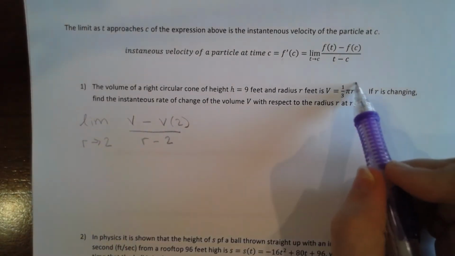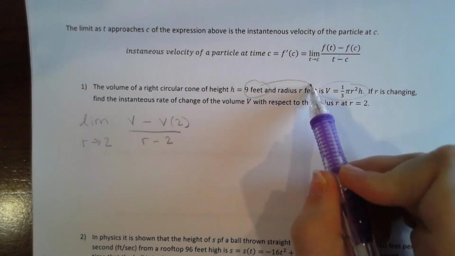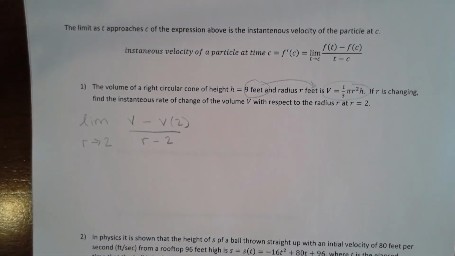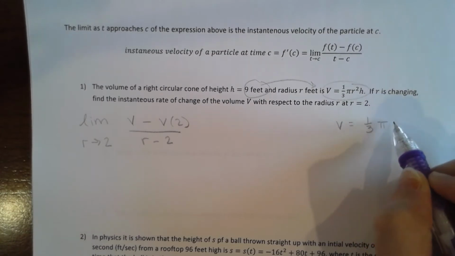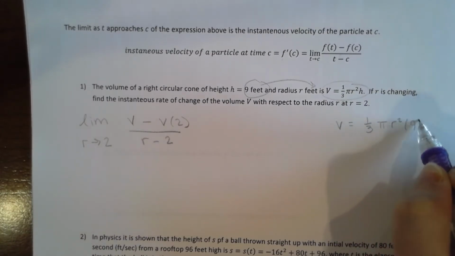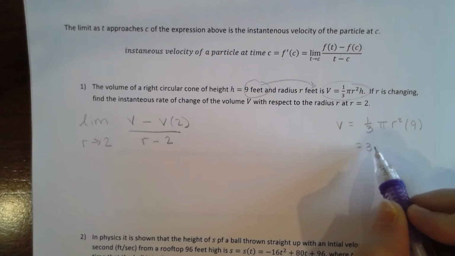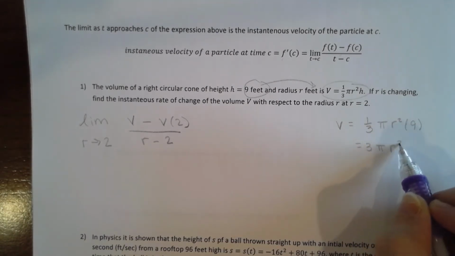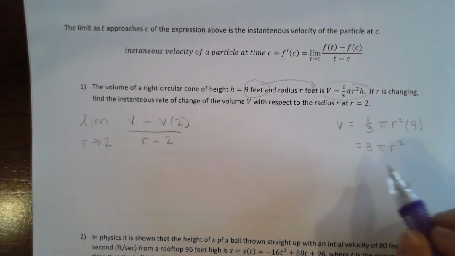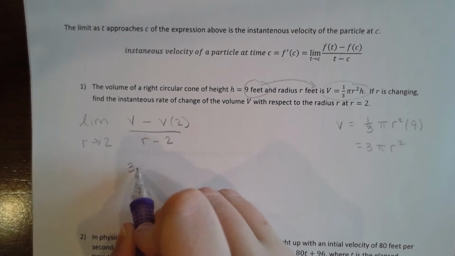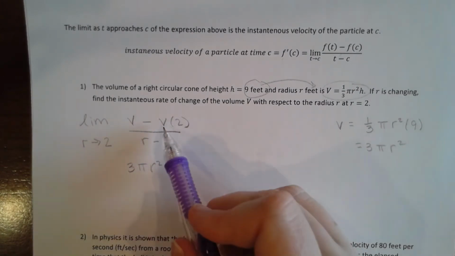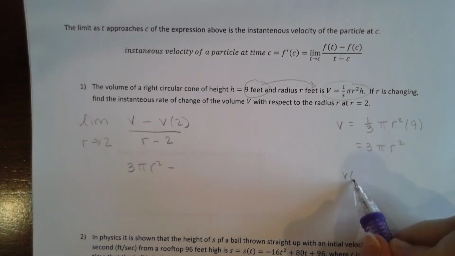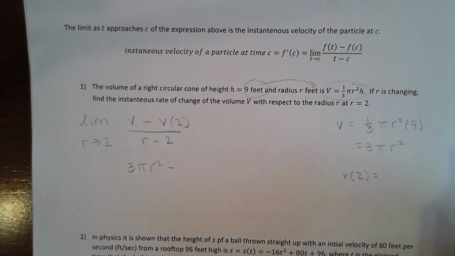Now v is this guy, but it specifically said that our h was 9. So v is going to be 1/3 pi r squared with a height of 9, which gives us 3 pi r squared, because 1/3 of 9 is 3. So we have 3 pi r squared minus, now v of 2 means we're plugging in 2 for our radius.